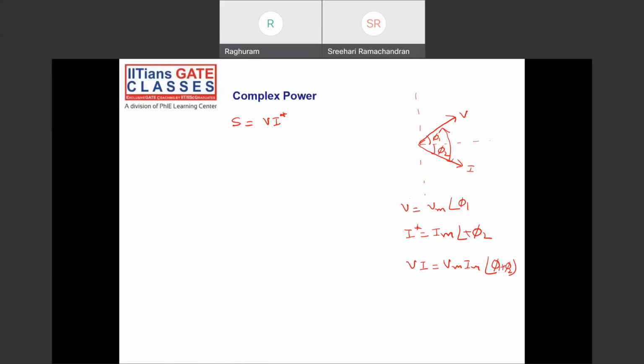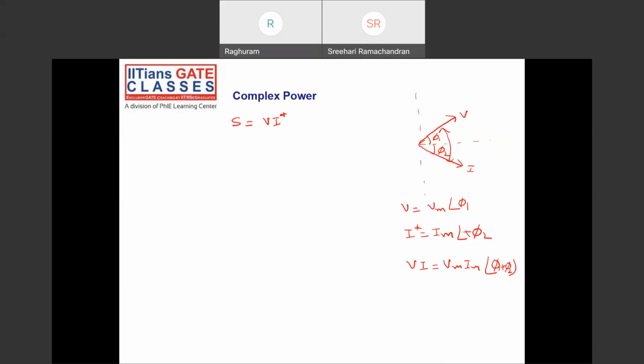If there is a difference, does that affect the power? Yes, it affects. The power is nothing but the product of V and I, and in taking this in phasor form, the phase angles are getting subtracted.